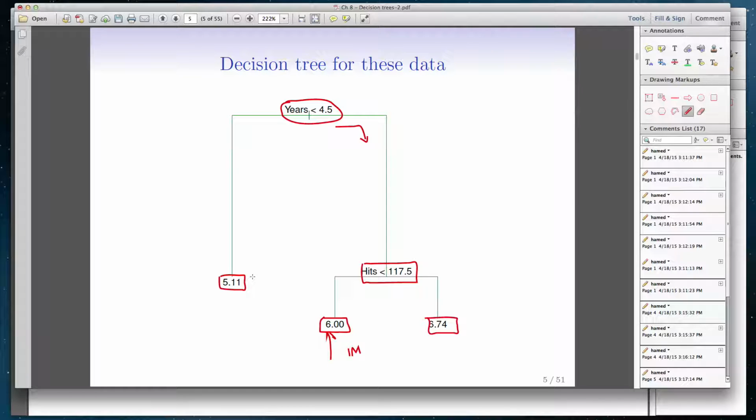So what we observe here is that on average, the people who had less than 4.5 years of experience earn around 200K. If you have more than 4.5 years of experience, and the number of hits is less than 117.5, you earn around 1 million. If you have a lot of experience and also a very good hitter, you earn around 7 million.